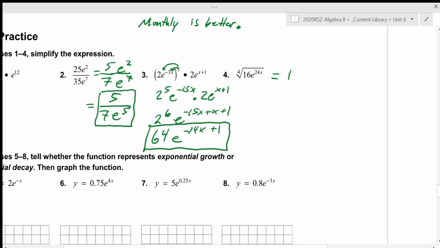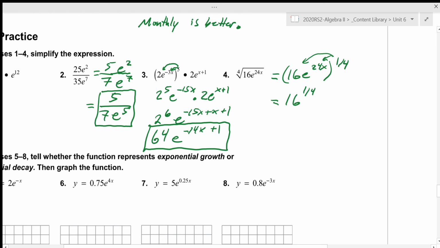So you can rewrite this as 16 e to the 24x all to the 1/4 power. And then distribute the exponent to both pieces.